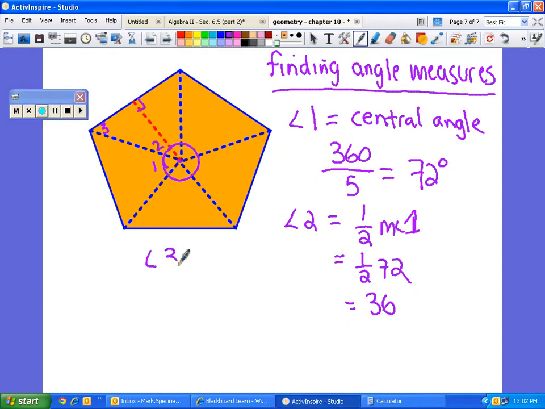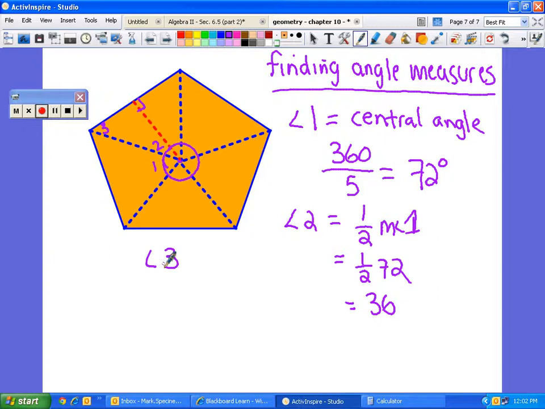Remember, the apothem, the red line on this figure, cuts the central angle in half. So we figured out that each central angle is 72 degrees. Half of 72 is 36. So you can multiply by a half or you can divide by 2, whichever you prefer.